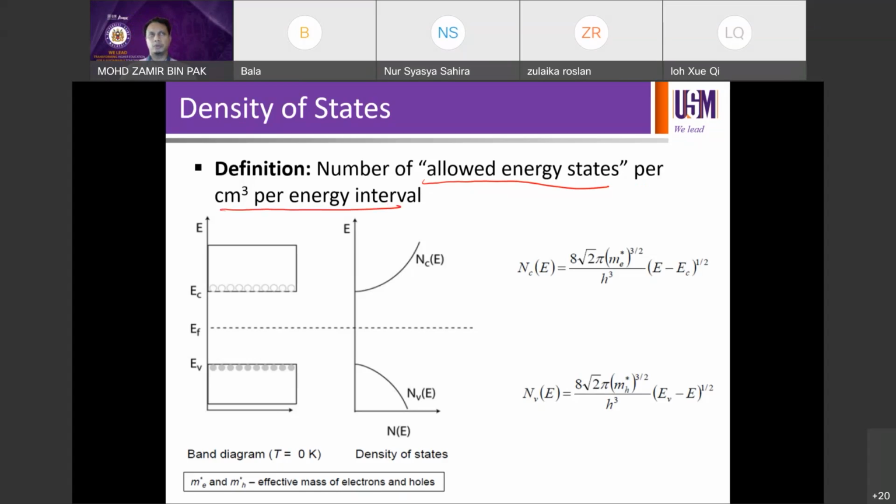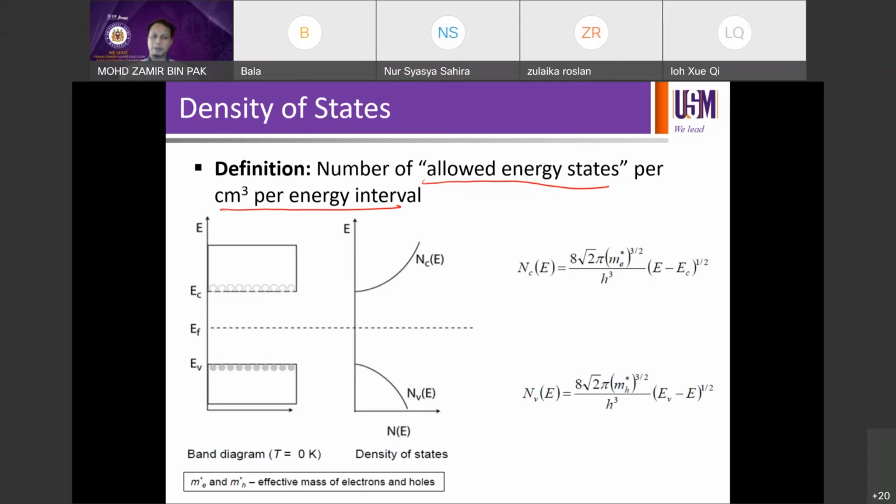If you want to imagine this concept easily, you can imagine density of states as the size of a room that can accommodate a certain number of people. Say you want to rent a house or rent a room, then this room can only accommodate, say, 10 people max.